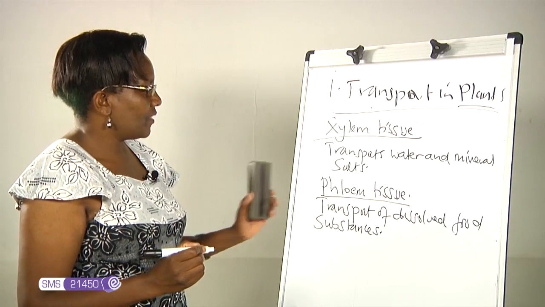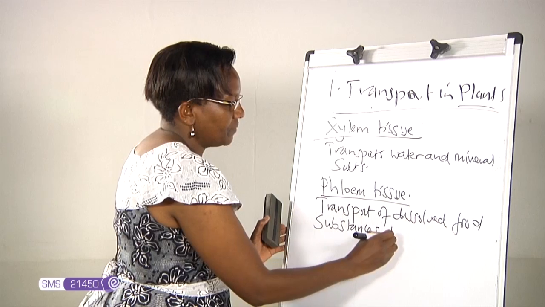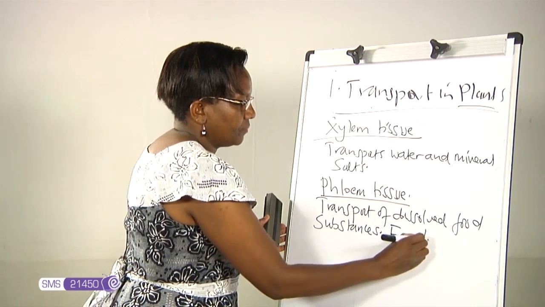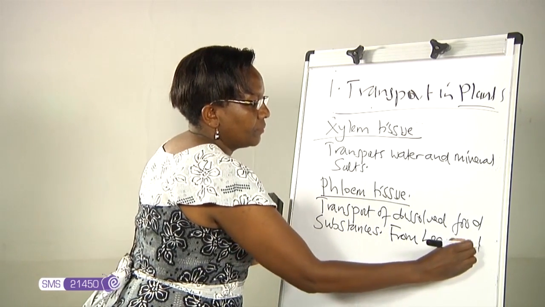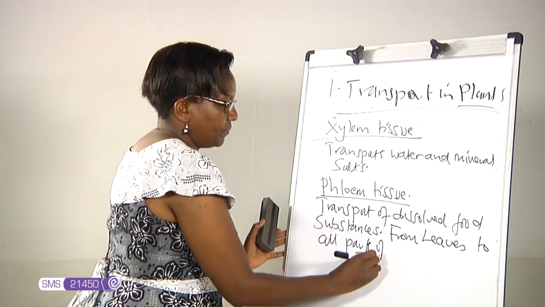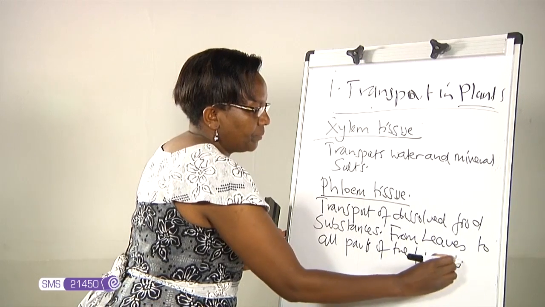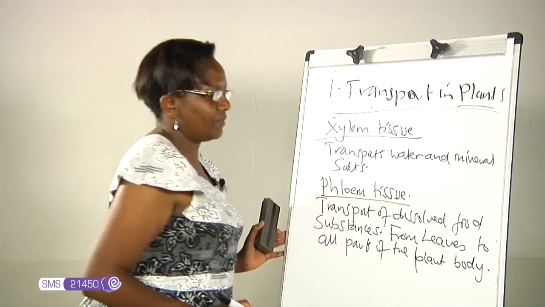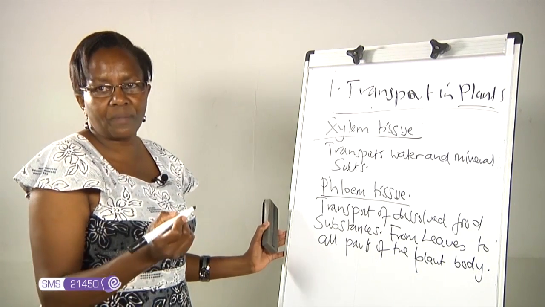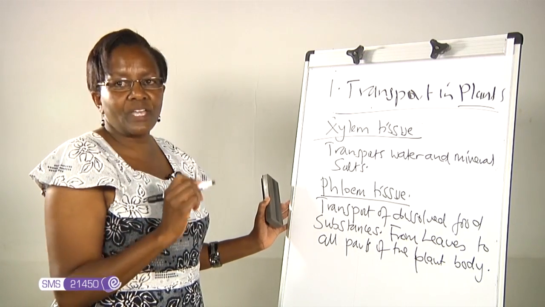So the phloem tissue will move the dissolved food substances from the leaves to all parts of the plant body. Meaning that when you get to the roots, we have the phloem. When you get into the stem, we have the phloem. In the leaves, we have the phloem.